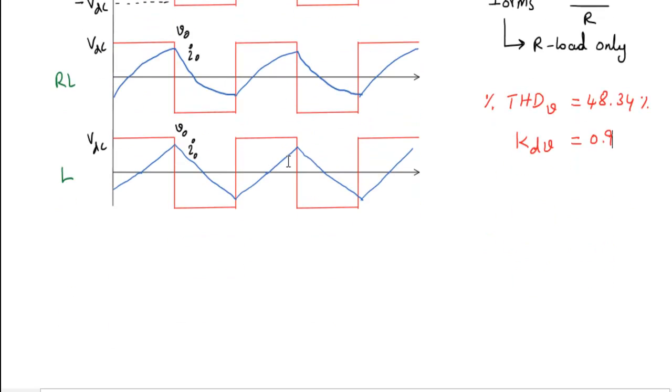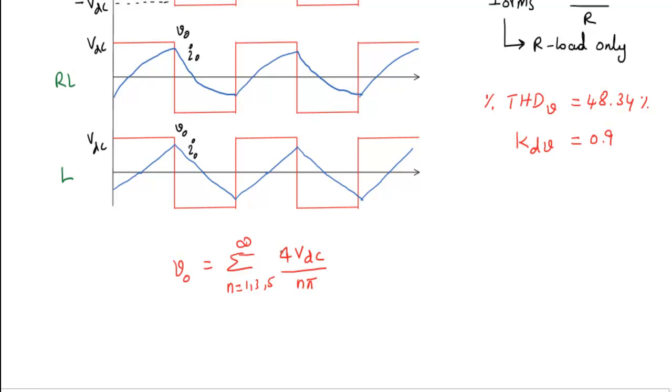If you take that, for all the loads, V0 equals sigma n equal to 1, 3, 5, because all the square waves will have only odd harmonics, into 4 VDC by n pi.